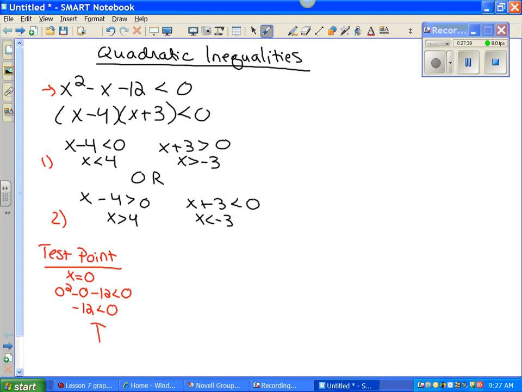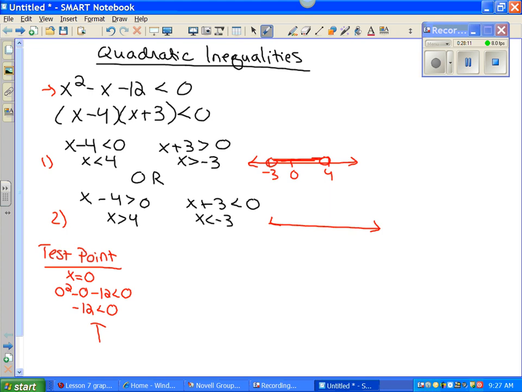Okay? So this is going to help us figure out which one is our solution. My test point was x equals 0, right? So is 0 part of my solution? Yeah, because it was true. So 0 has to be part of my solution. We have to decide which one of these includes 0. X is less than 4, x is greater than negative 3, looks like this when we graph it, right?